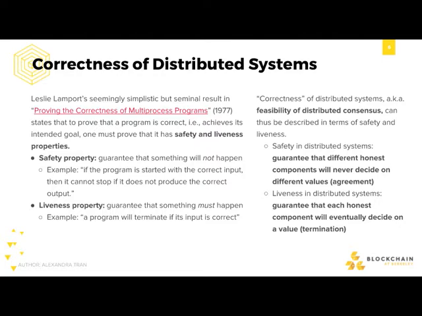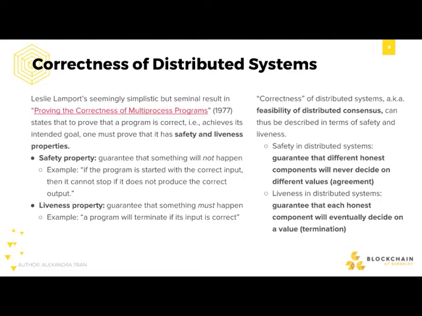What I consider correctness is achieving the program's intended goal. So the goal of distributed systems, as I stated earlier, is reaching distributed consensus. So correctness of a distributed system is its ability to reach distributed consensus.